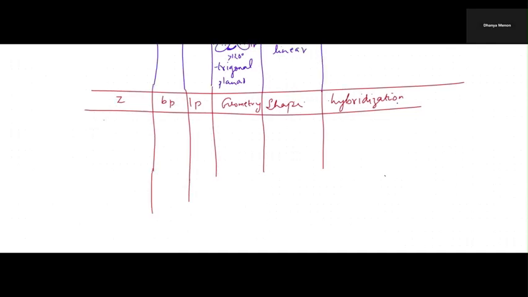When Z value is 4 and there are 4 bond pairs, the hybridization, you know, it is sp3, right? Suppose out of Z value 4, all are bond pairs, there are 0 lone pairs. The geometry is tetrahedral, right? So this is tetrahedral.